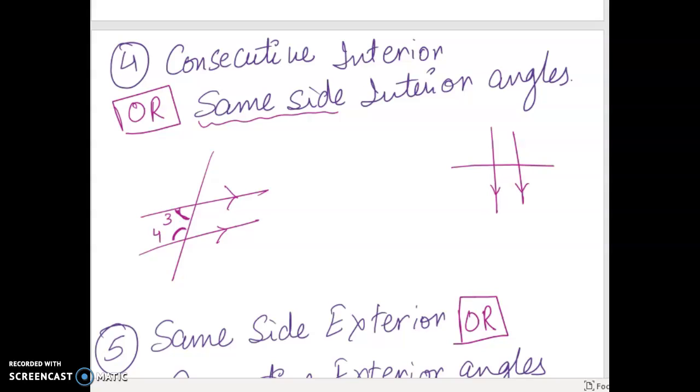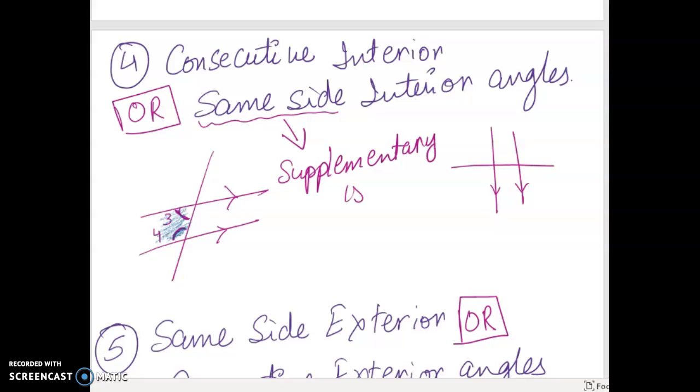So they are on the same side, right? Interior part. This is the interior part, and they are on the same side. So 3 and 4 are called consecutive interior because the lines are parallel to each other. Same side interior angles are always supplementary. What is supplementary?